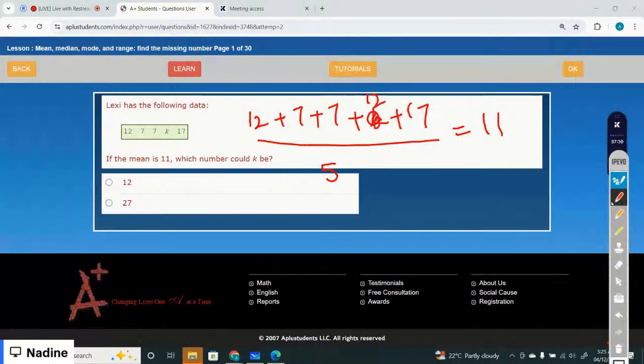Let me just add them. That is 12 plus 7 plus 7 plus 12 plus 17. That is 55 over 5. If you add them, their sum is 55, and 55 divided by 5 is 11. So that means the correct option is 12. 12 is the correct option.